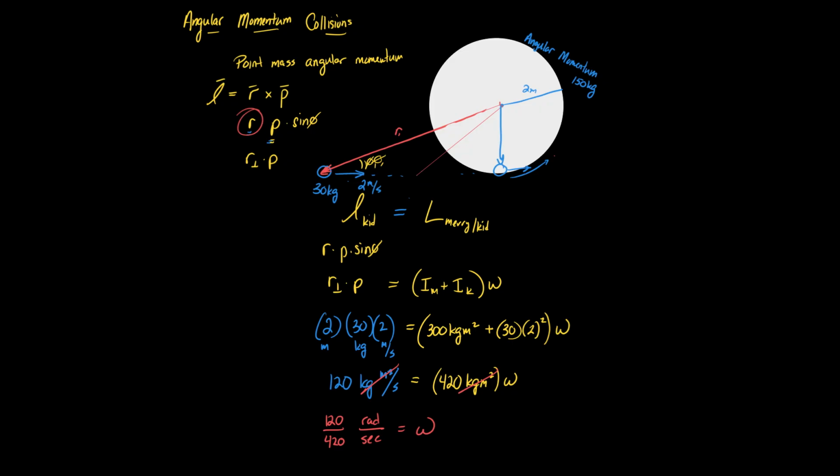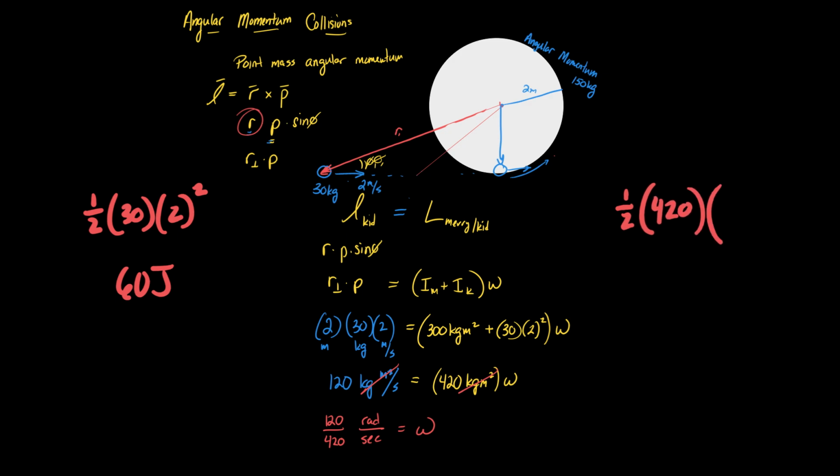We can check. So the kid has 1/2 times 30 times 2 squared joules of energy, right? Mass times velocity squared. So that looks like 60 joules of energy, if I'm doing my math correctly. Now, you'll need your calculator for this. The merry-go-round, 1/2 times I times omega squared.